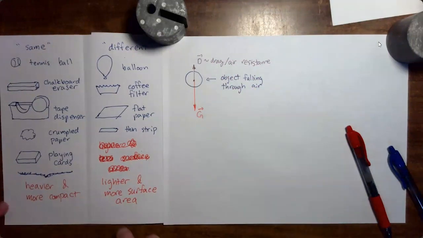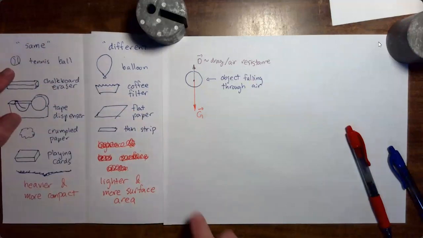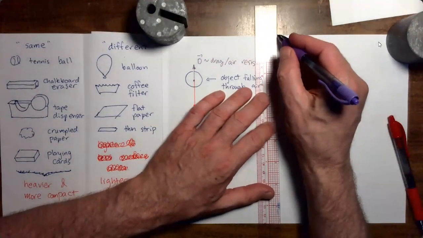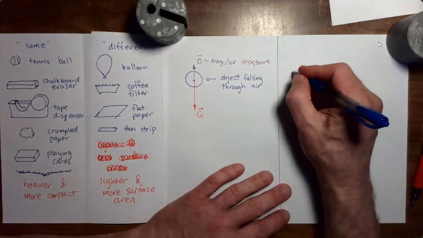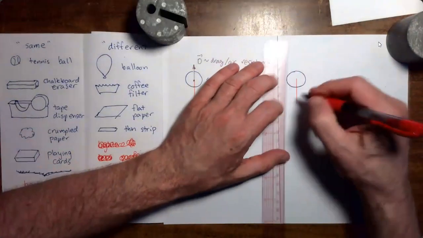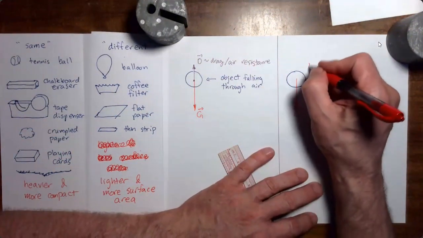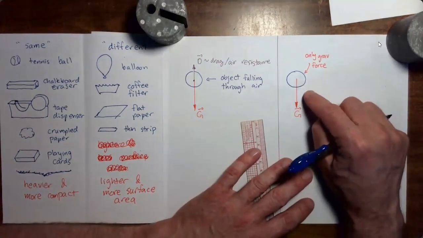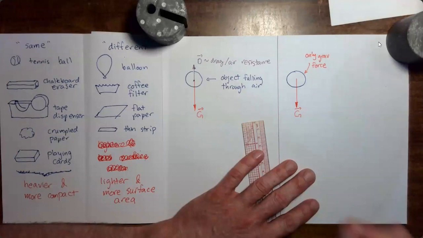So here's what determines whether an object ends up in the, quote, same group that we discussed here, or in the, quote, different group. First, let's consider an object that feels only a gravitational force. Objects which experience only a gravitational force, but no drag force, all fall in exactly the same way.